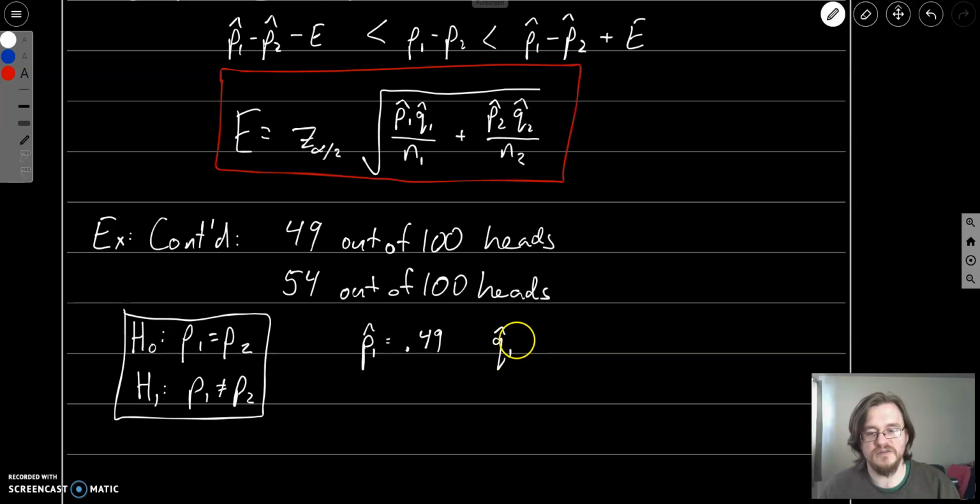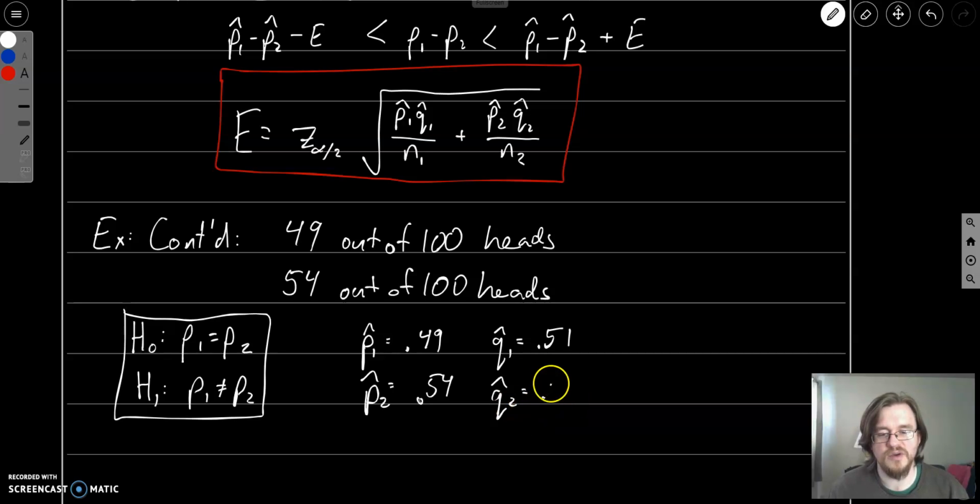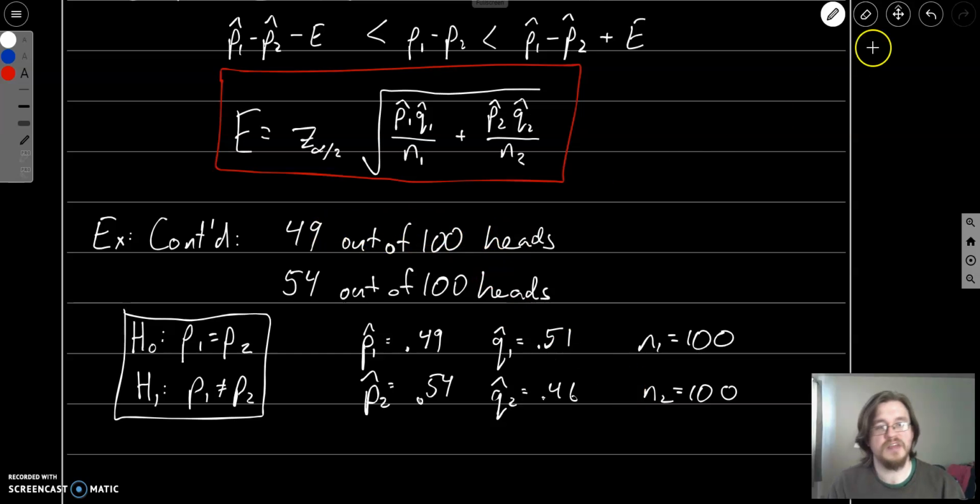But the proportion of failures, in this case tails, is going to be 0.51. For the second quarter, we had 54 out of 100 heads, and the proportion of tails is going to be 0.46. We also need N1, the number of flips, which is just 100, and N2, which is also the number of flips, also 100, since we flipped our quarters the same amount.